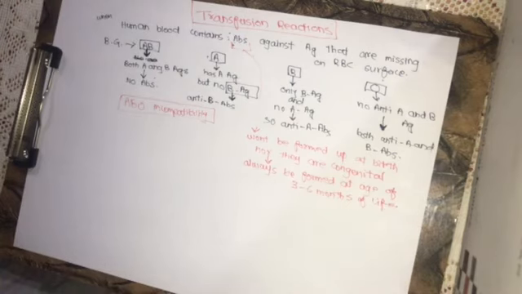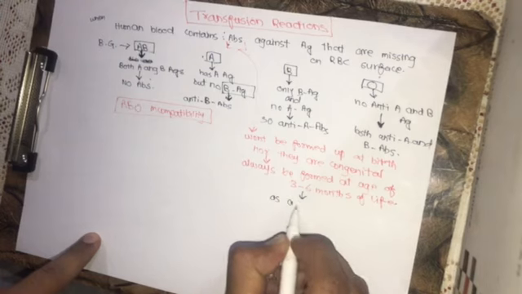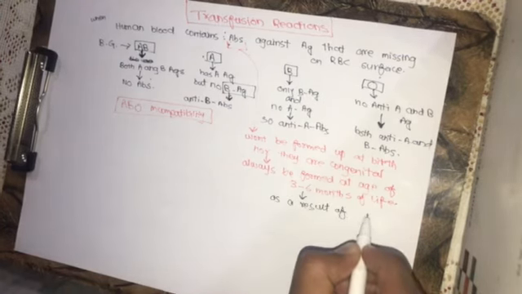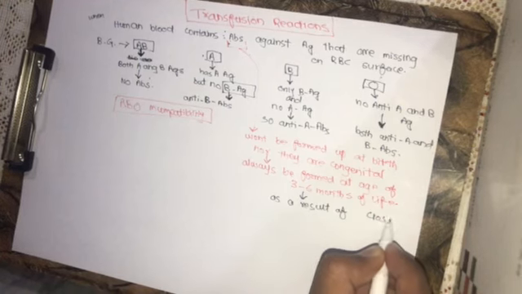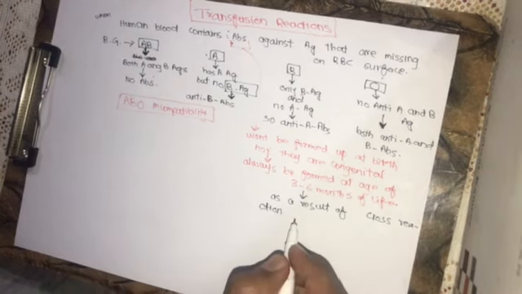And how are they formed? As a result of cross reaction with similar food or bacterial antigen. Let me just write it down for you.